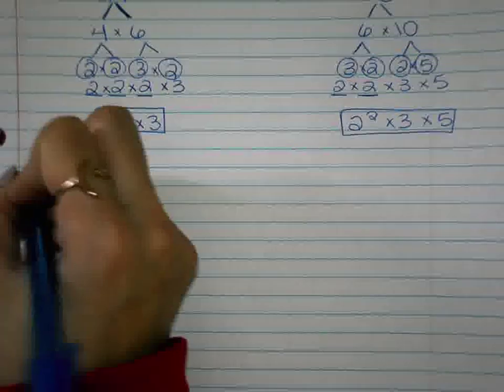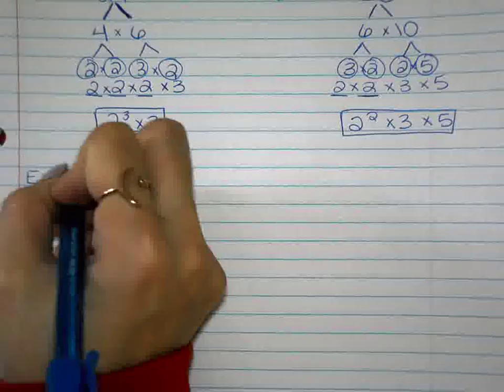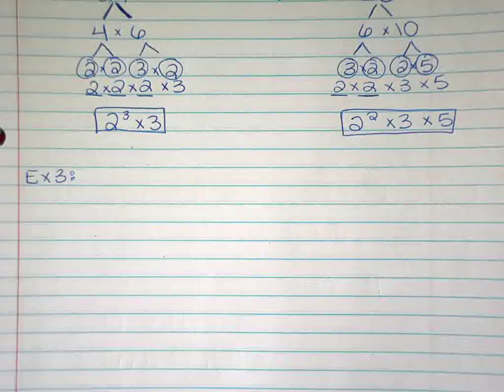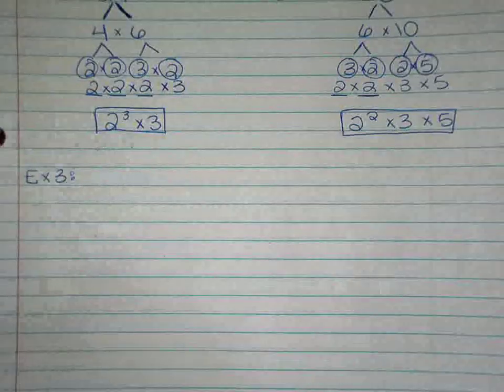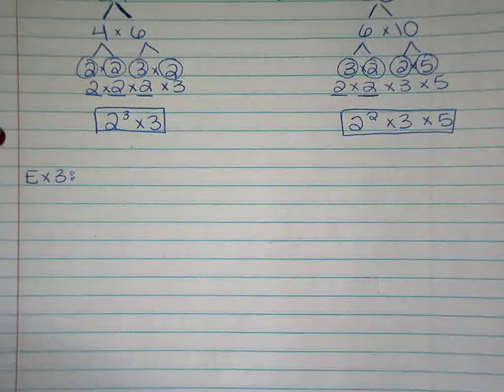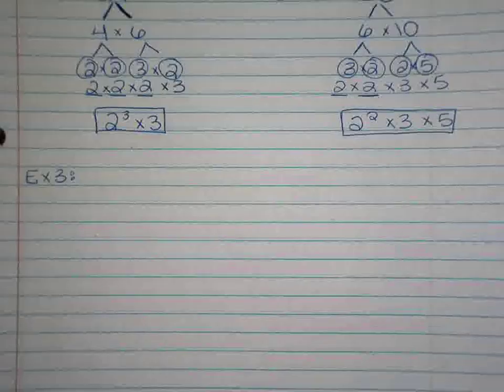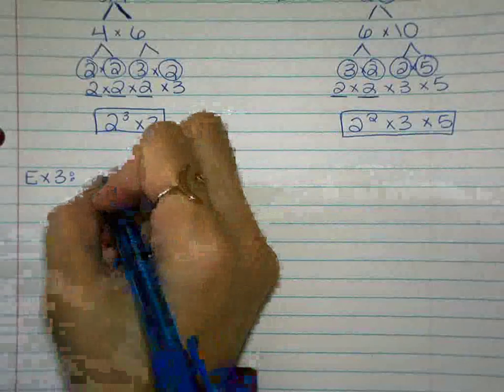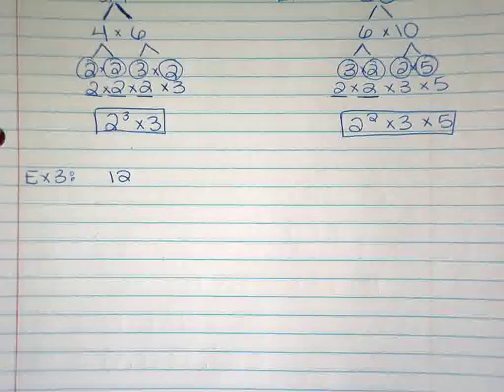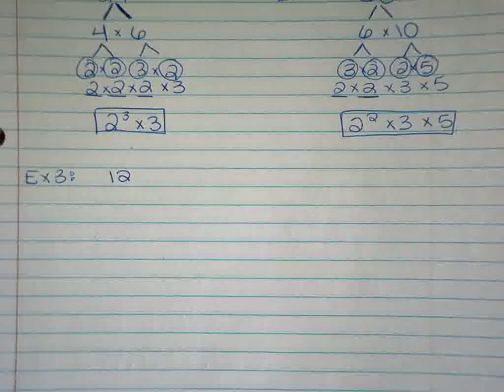Okay, then I'm going to go to example 3. And I want you guys to do the number 12. So I asked myself, what times what will give me 12?